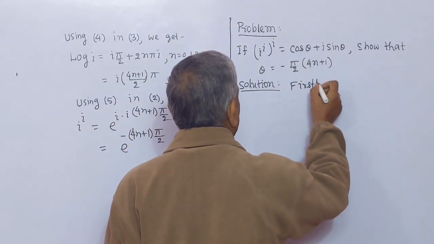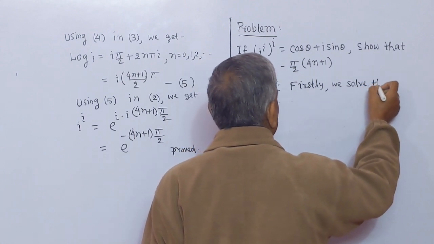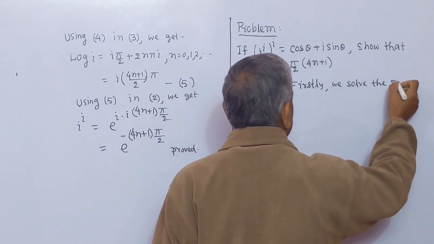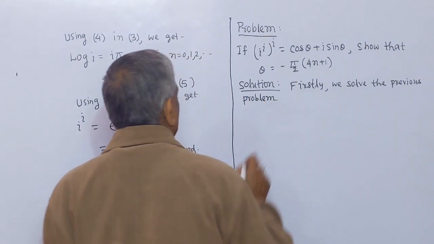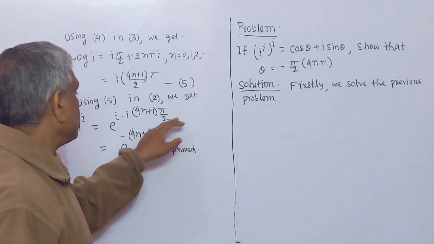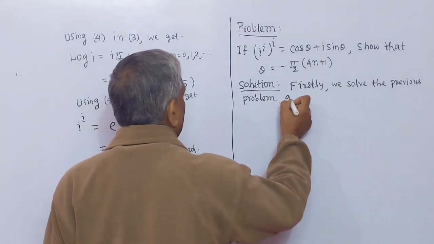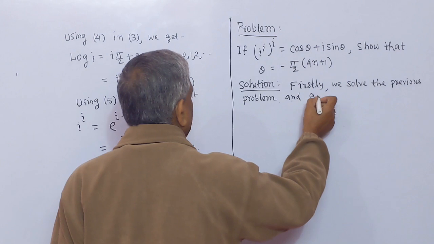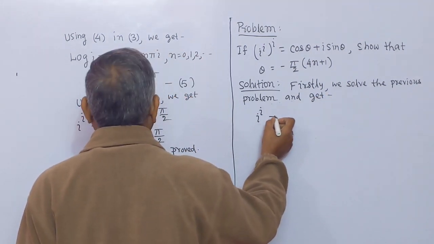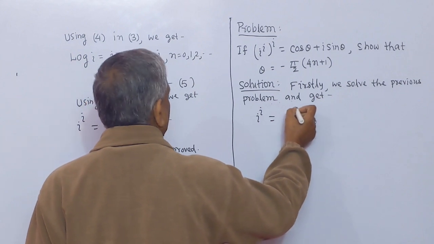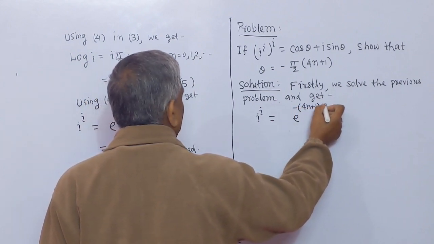Firstly we solve the previous problem, which I have just solved, and get i to the power i equal to e to the power minus (4n plus 1) pi by 2.